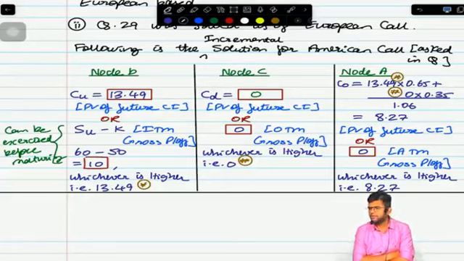Externally, can you see both European and American are getting the same answer, 8.27? But all these notes I think will help you eventually if something else happens.